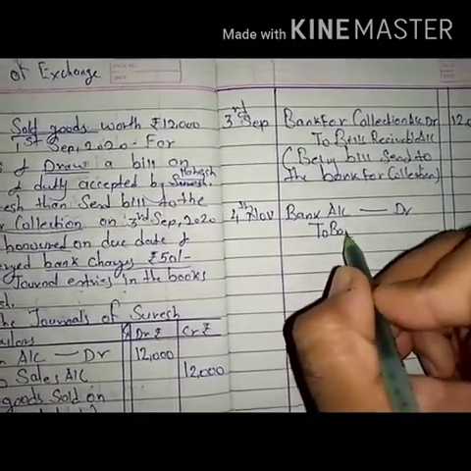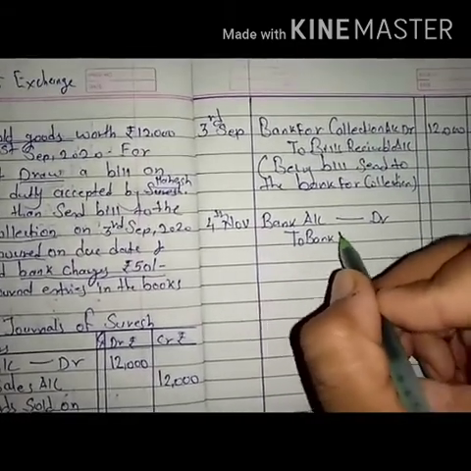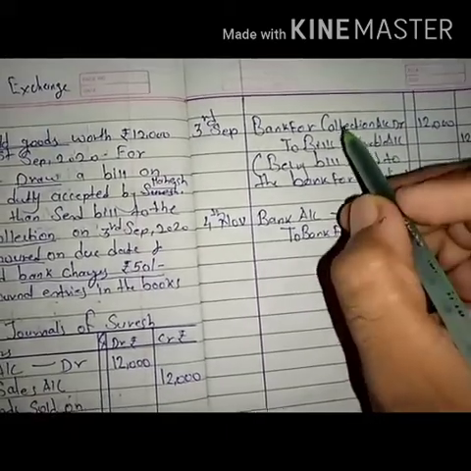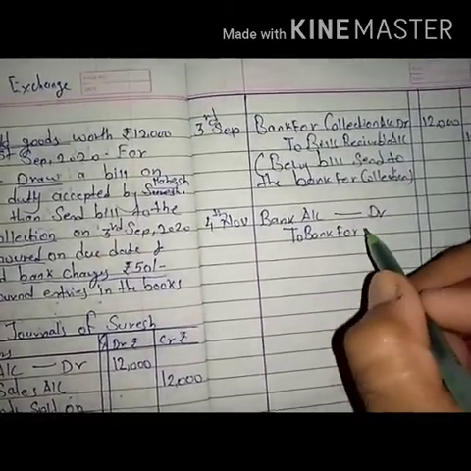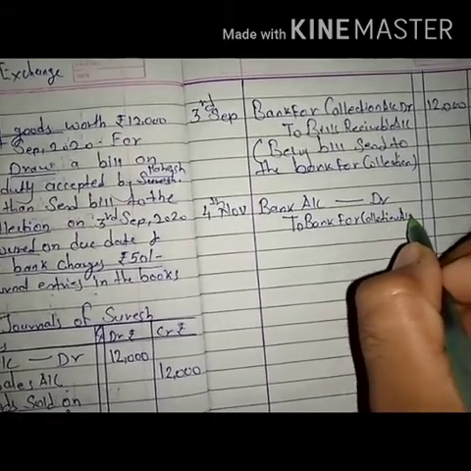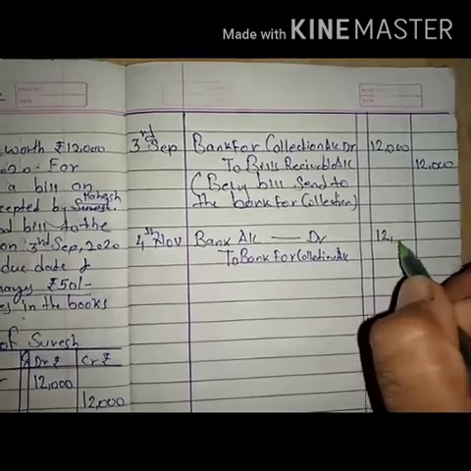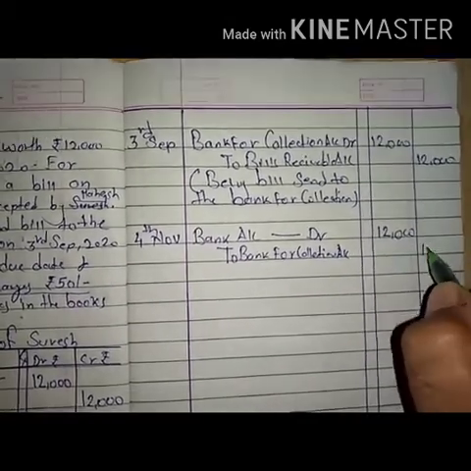Bank for collection itself is a personal account. Bank for collection, they collected 12,000, deposited 12,000.